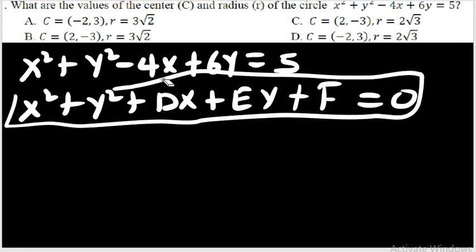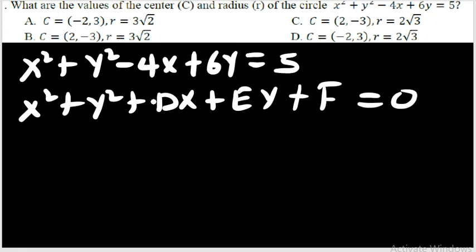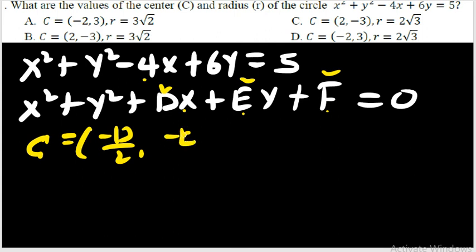Look here, there are some new letters: D, E, and F. The D means the coefficient of x, which you have to find from here, the E means the coefficient of y, and the F means the constant. But the right side must be 0, so collect the F on the left. Once it's written in this form, the center can be found easily: (−D/2, −E/2). That's the formula.